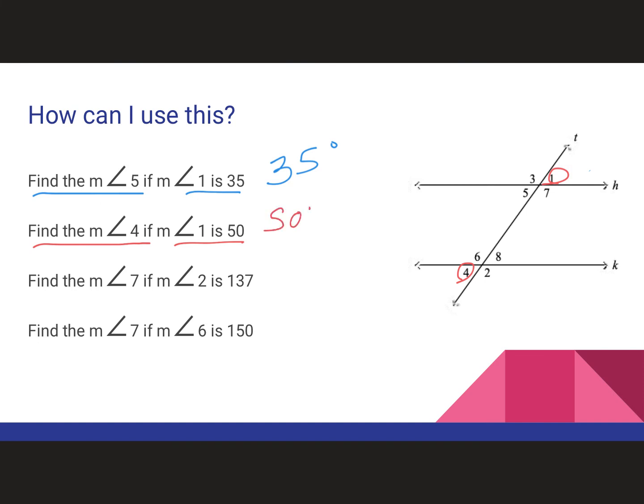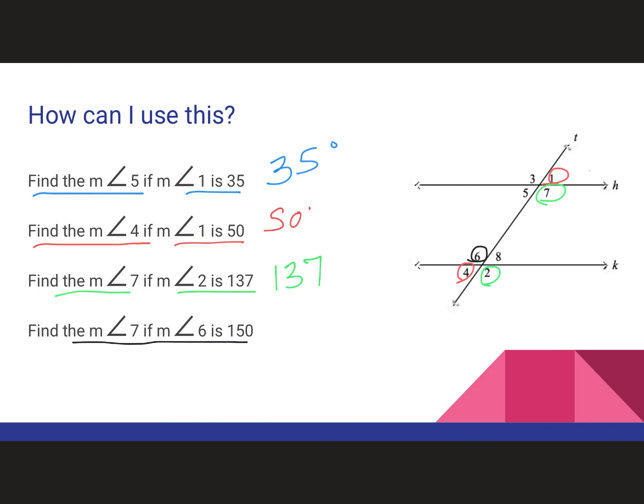Well, what about the next one? Let's find the measure of angle 7 if angle 2 is 137. So, here's angle 2, here's angle 7. They are corresponding angles, so angle 7 must be 137. And the last one asks us to find the measure of angle 7 if angle 6 is 150.